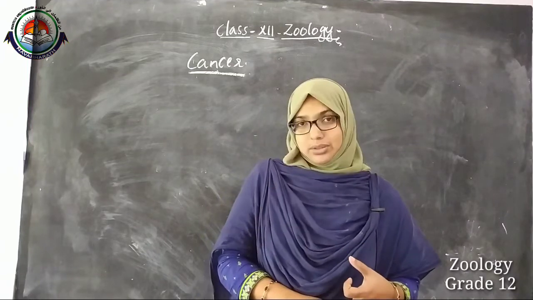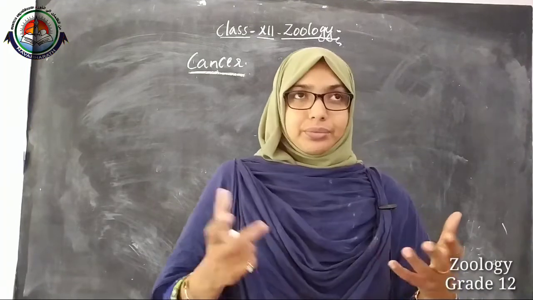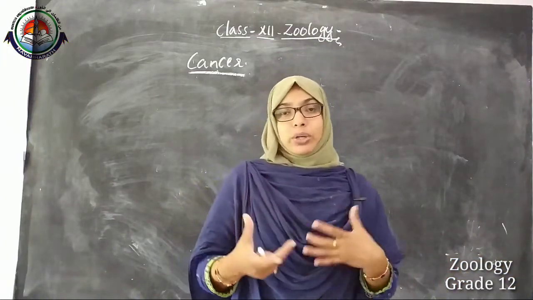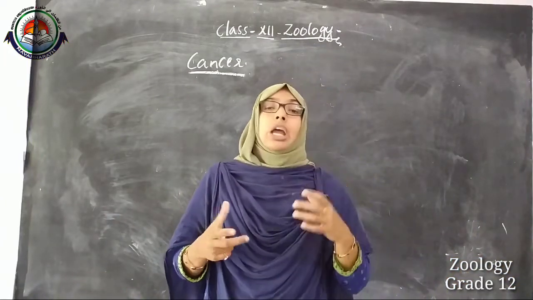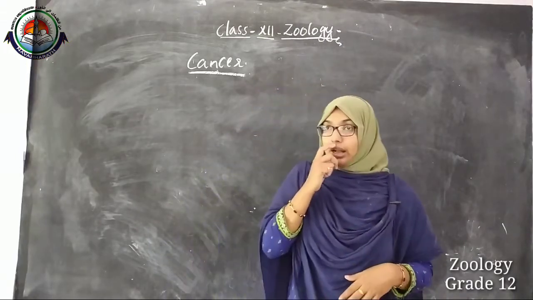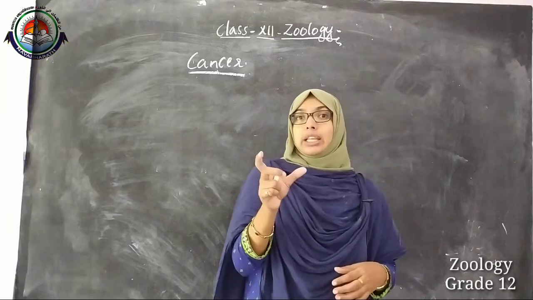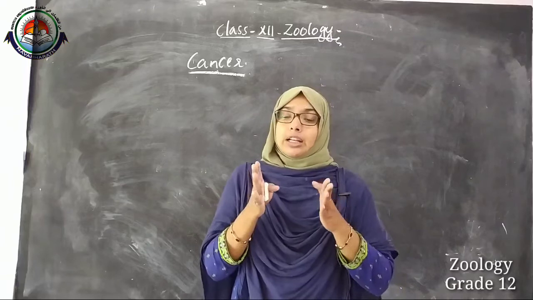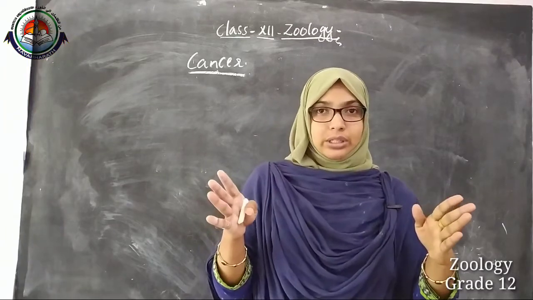You all know that in our body, normal body cells are growing, isn't it? The growth of normal body cells is controlled and regulated in a very particular fashion. Clear?